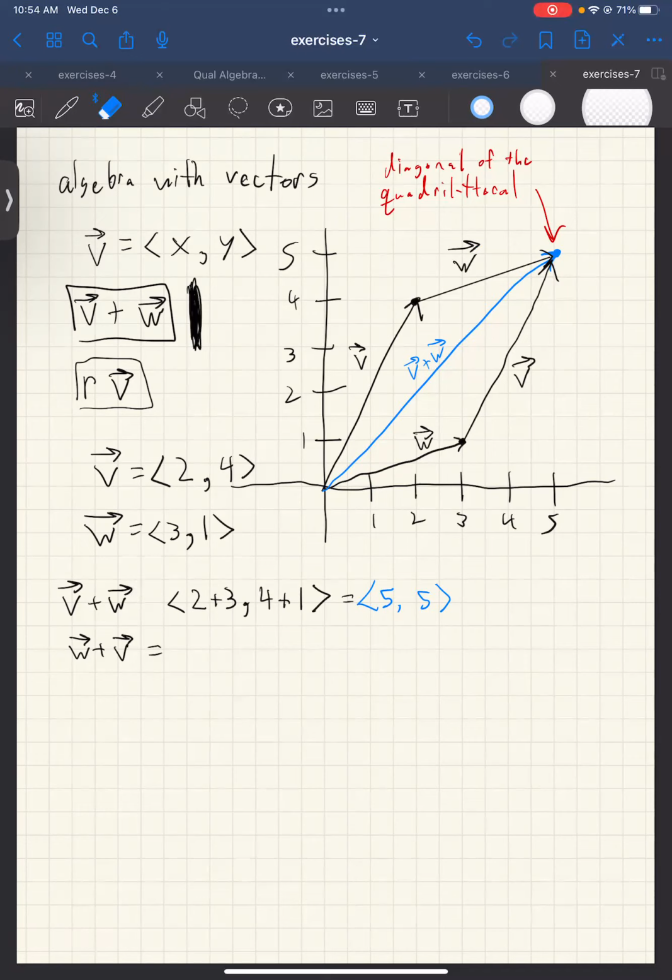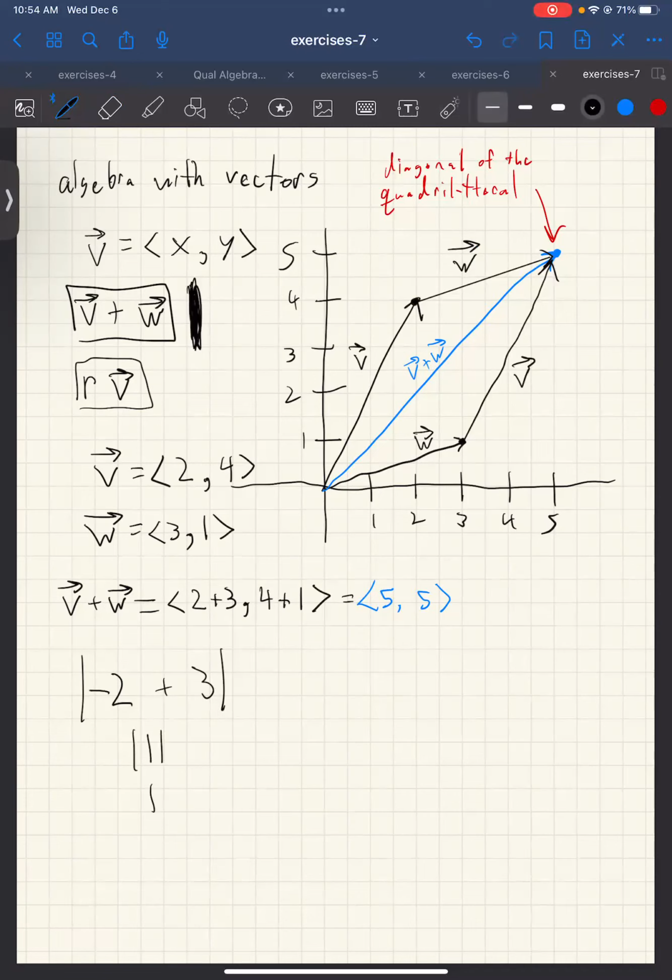Let's say that we want to talk about the distance from 0, or the size of some numbers. Let's say I have negative 2 plus 3, and let's take the absolute value of that. We do negative 2 plus 3, and that turns out to be 1. And the absolute value of 1 is just 1.